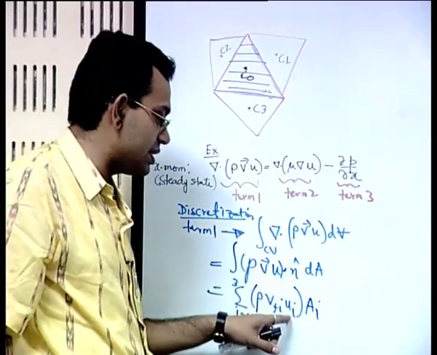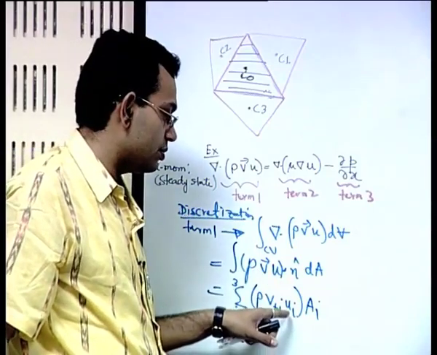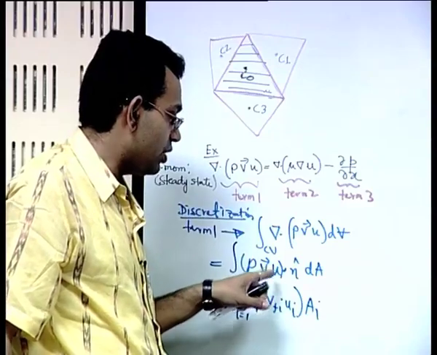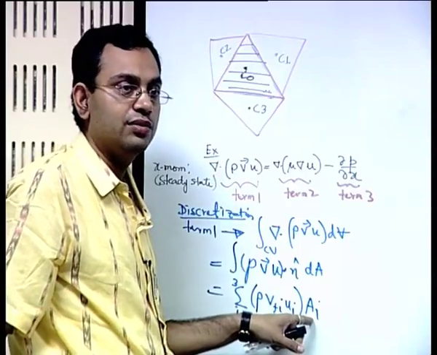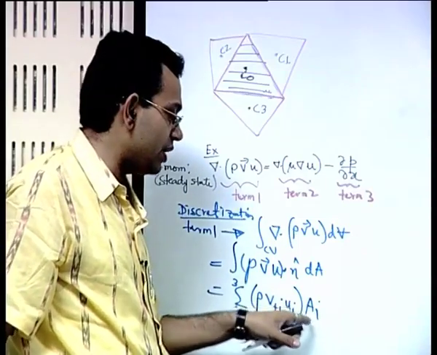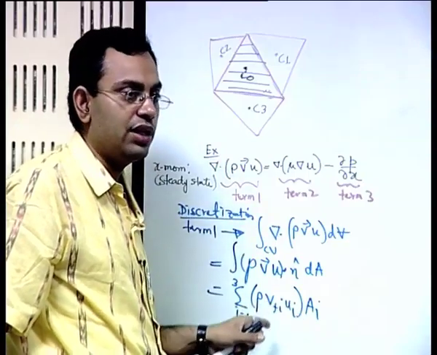u we are keeping the same. V dot eta dA is Vfi into Ai. The nomenclature is not important, you can use different names.